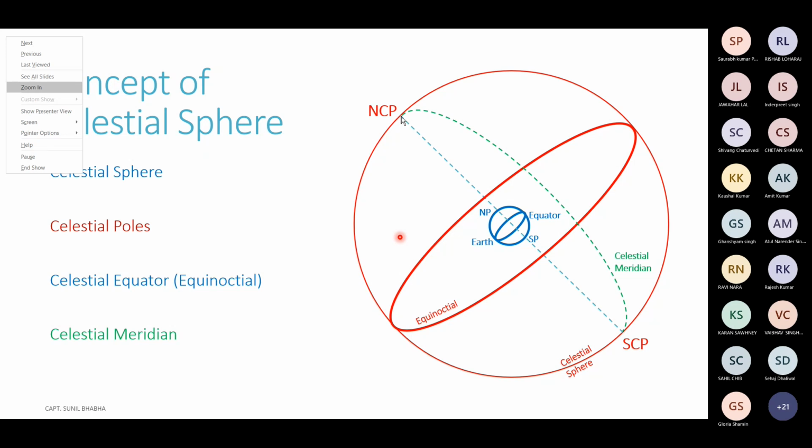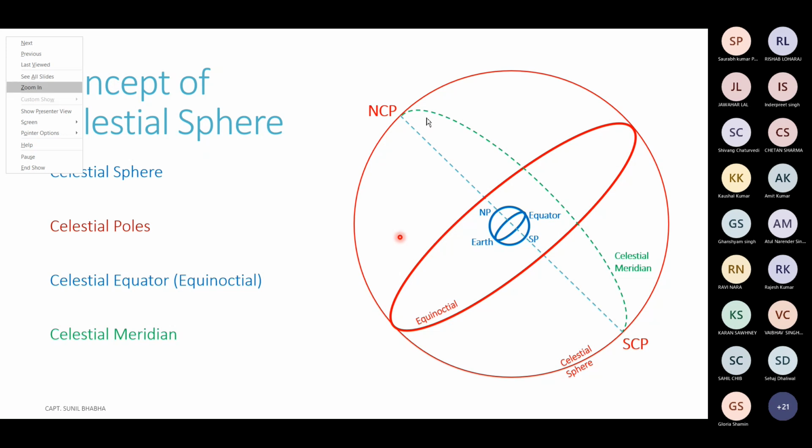In case of GHA, the reference meridian which is taken is the celestial meridian of Greenwich. Means if you project the Greenwich meridian onto the celestial sphere, it will give you the celestial meridian of Greenwich. So from the celestial meridian of Greenwich, how much west that particular body is, that is what is GHA.